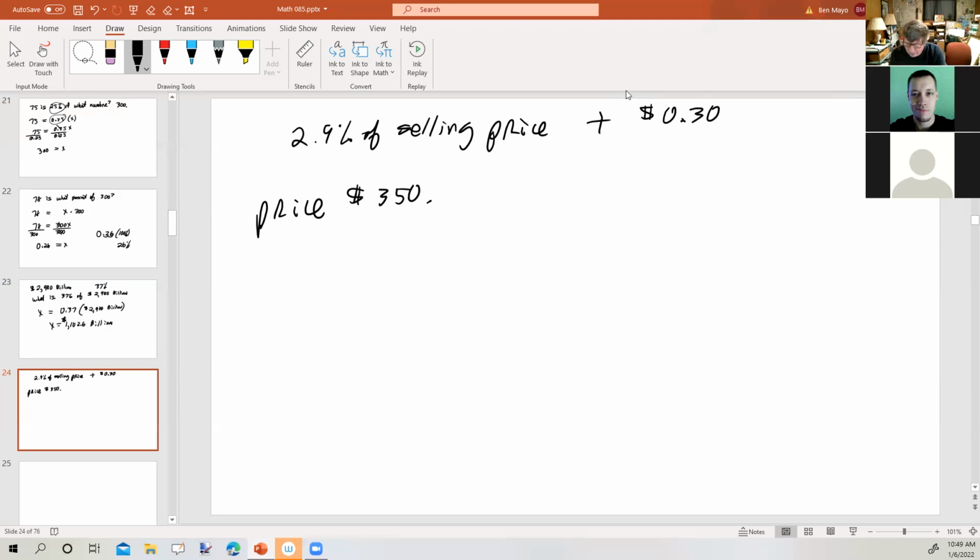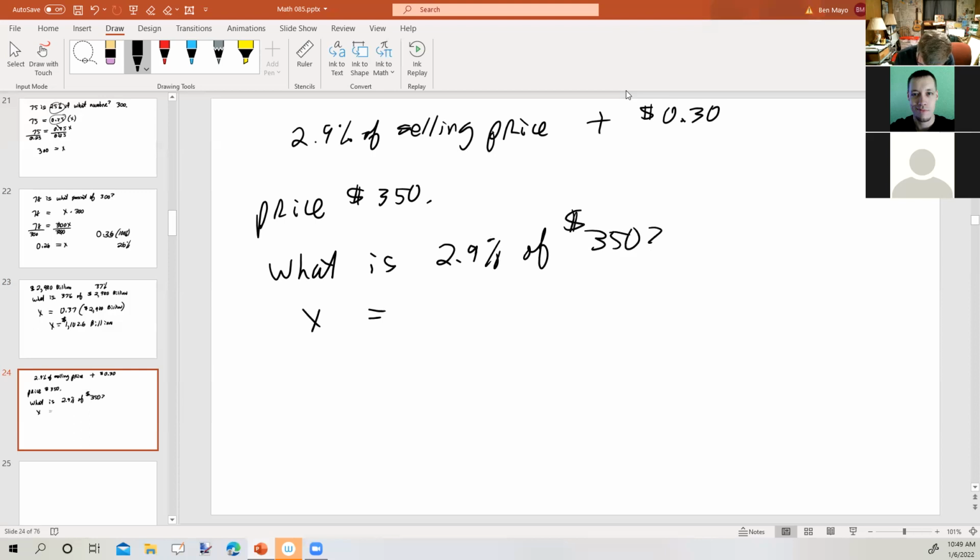Okay. So they're going to charge 2.9% of the selling price plus 30 cents. So the original question is, what is 2.9% of $350? Okay. So X is 0.029, moving the decimal point over 2 places, of is times 350.